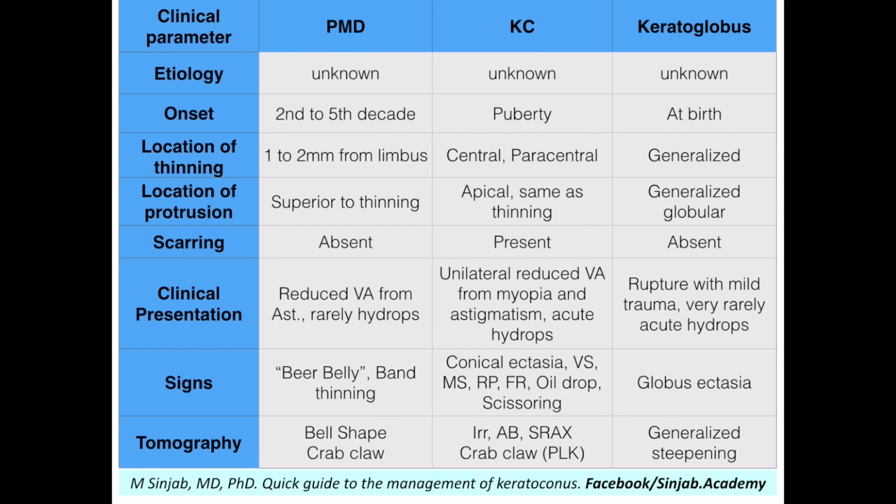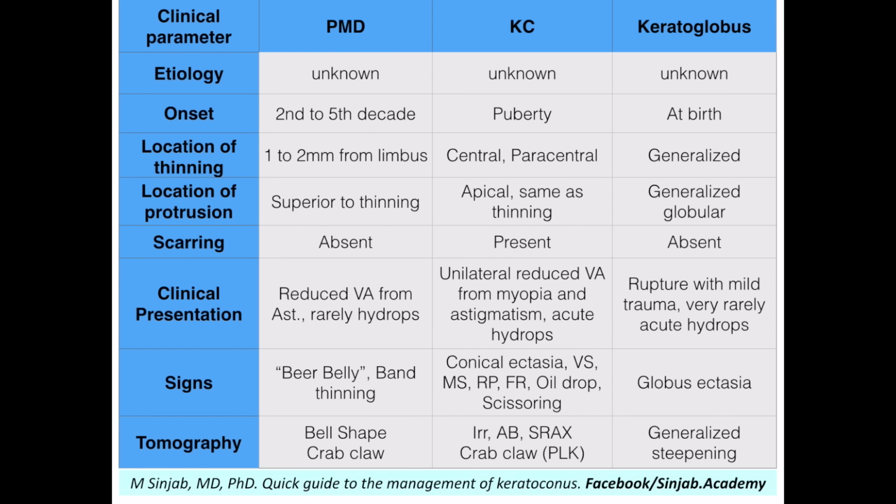The etiology is unknown in all these entities. In pellucid marginal degeneration, the onset is usually around the second to the fifth decade of life, while in keratoconus it is around puberty, while in keratoglobus it is at birth. So it is a congenital defect in the cornea.